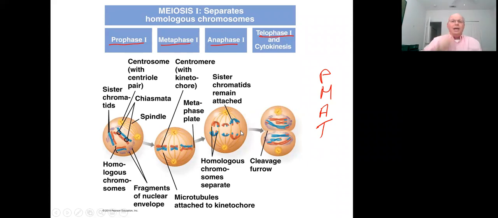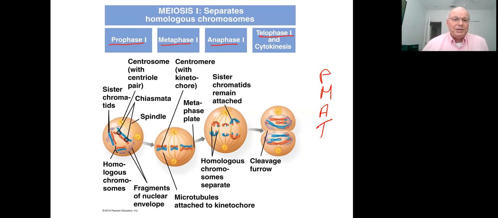Now, the names of the phases are not accidental. There is, in fact, a connection back to mitosis. It's all about, remember, in mitosis, what is happening with the chromosomes in the nucleus, and specifically what's happening with the individual chromosomes. In meiosis 1, not so much meiosis 2, but in meiosis 1, much of what we could describe in mitosis, we can actually describe in meiosis 1.